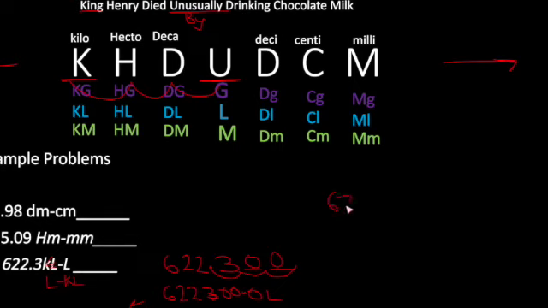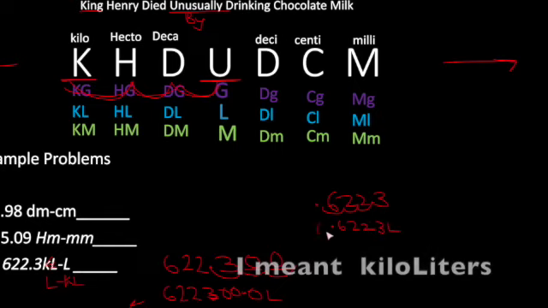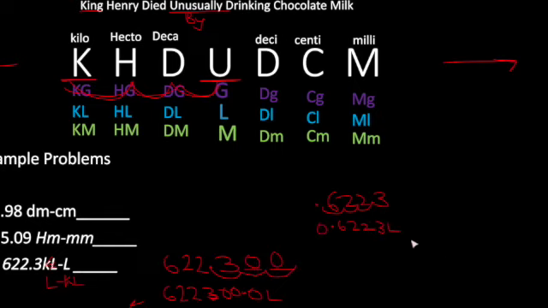Let's write it down, 622.3. I start with my liters here, then go 1, 2, 3, then move it back 1, 2, 3. Then my answer would be 0.6223 kiloliters. That would be the answer if I was going to the left.